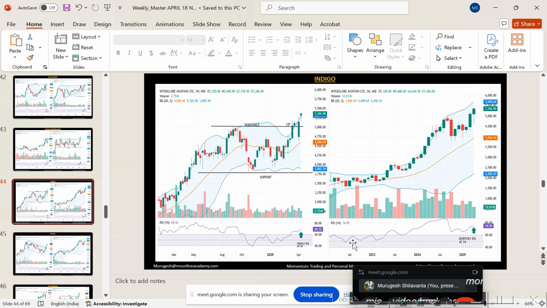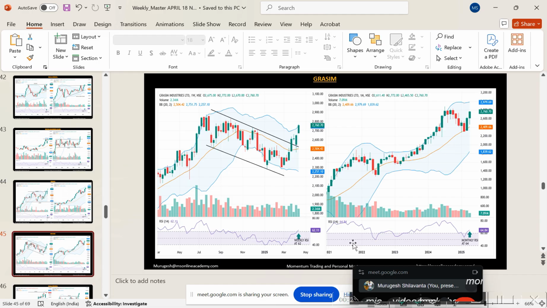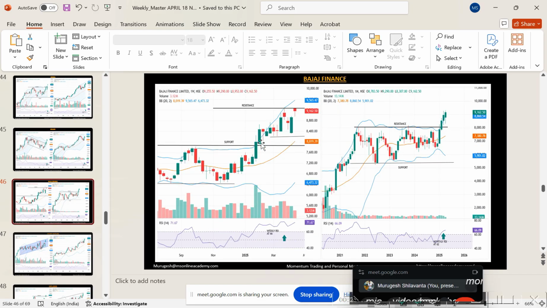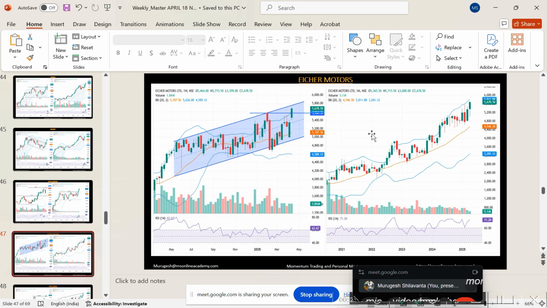Indigo, it is also a breakout, all time high. Grasim, we have a resistance here, but we have under 300 points. But it is a cup and flag breakout pattern actually. Bajaj, all time high.